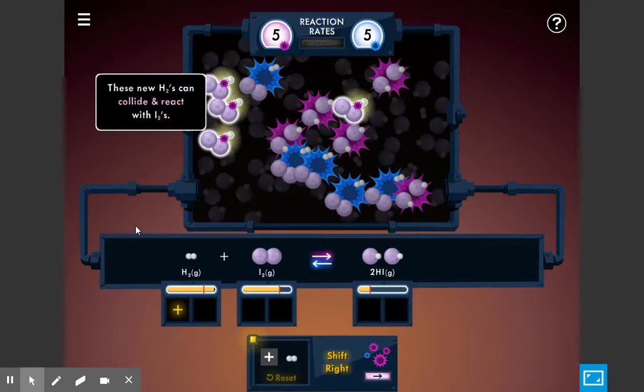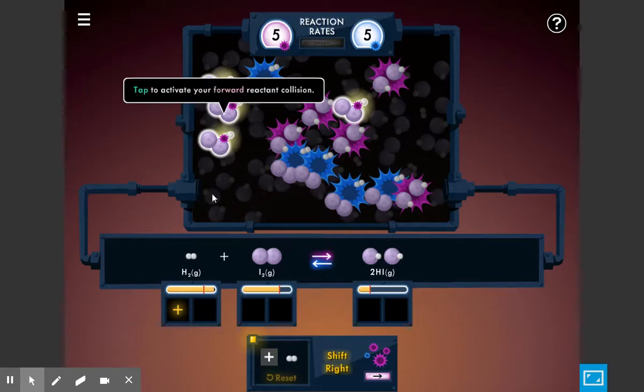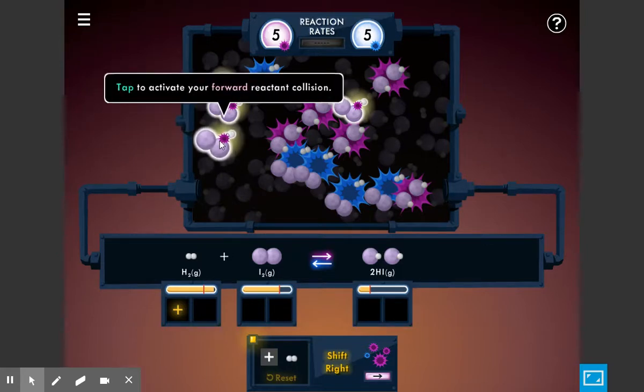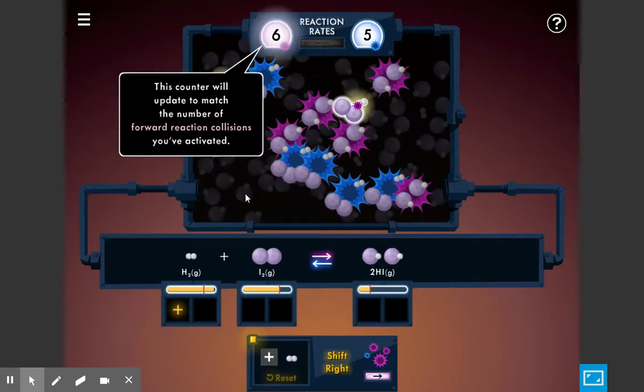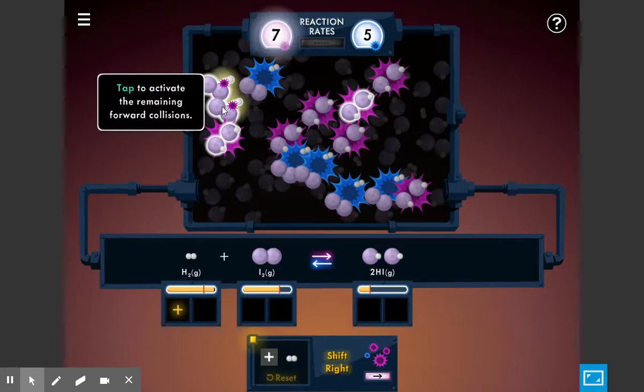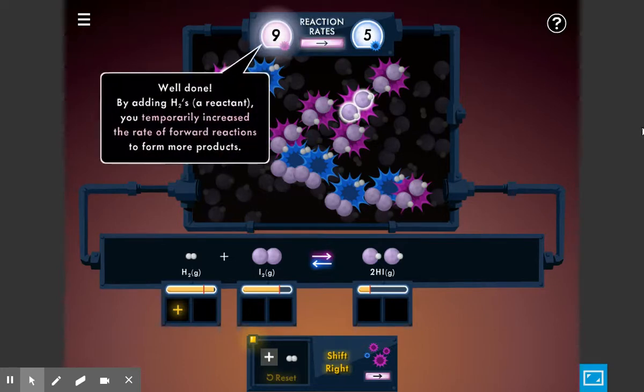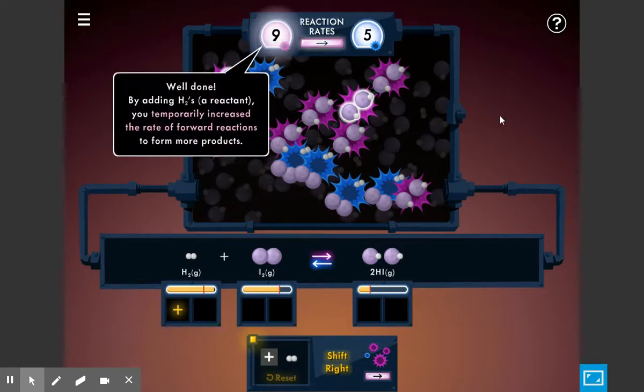Since there are more possible collisions that can occur, we have an increase in our forward rate. When we increase our forward rate, we're going to produce more HI. So, as I activate each of those collisions, I've temporarily increased my forward rate. So, in order to reestablish equilibrium, I have to shift towards the right.